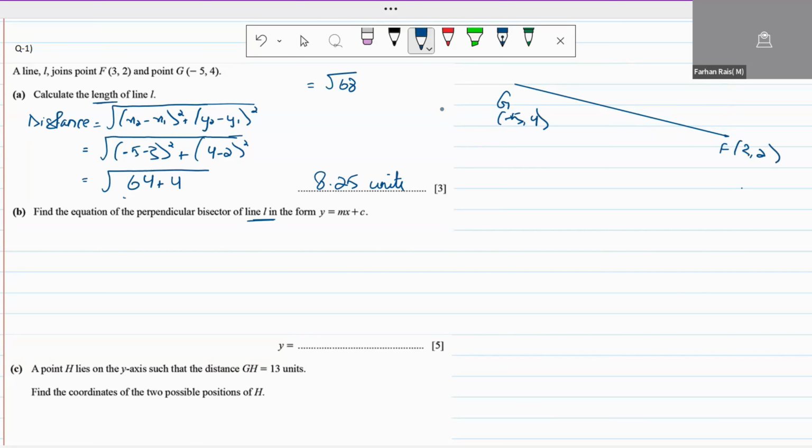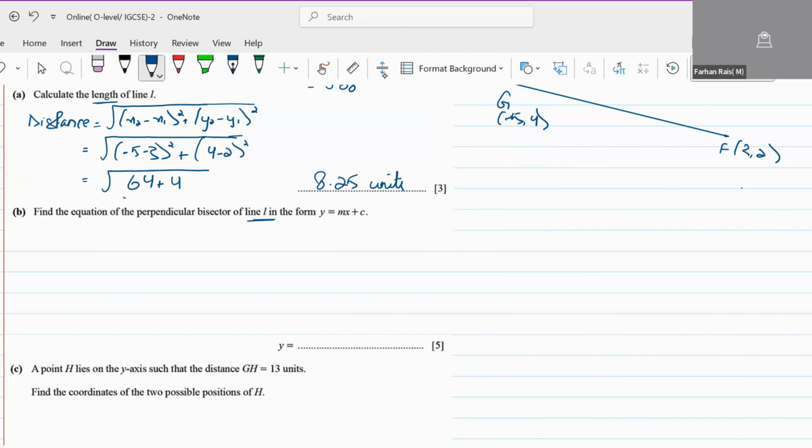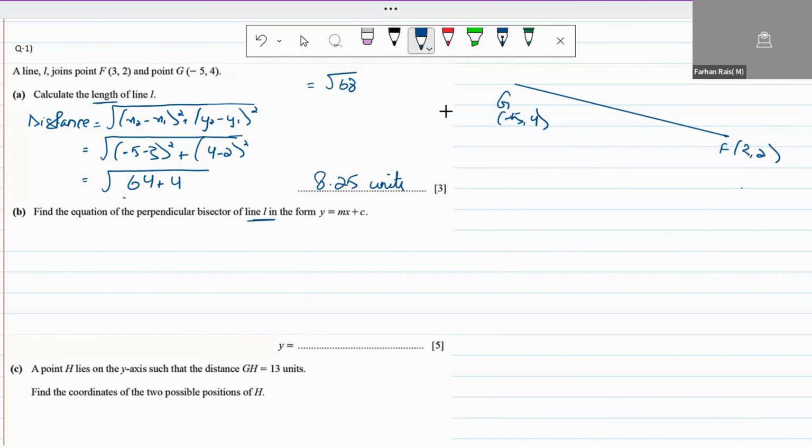And we have to find the perpendicular bisector. The perpendicular bisector of this line L would be passing through the midpoint and making an angle of 90 degrees. So this is the perpendicular bisector whose equation is to be found.